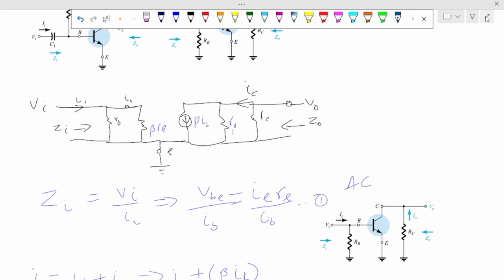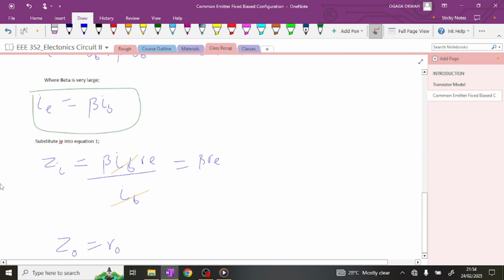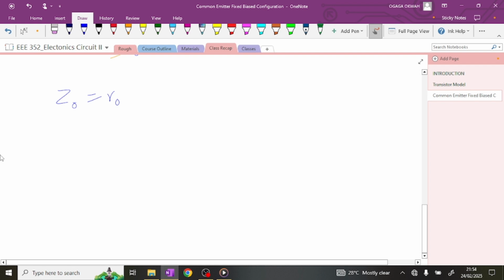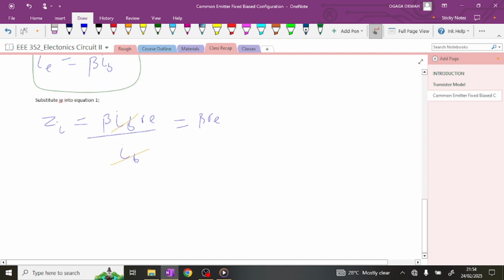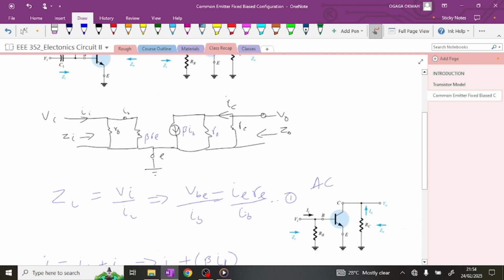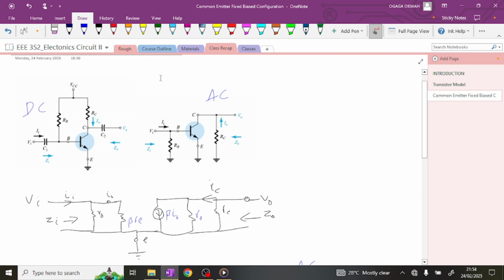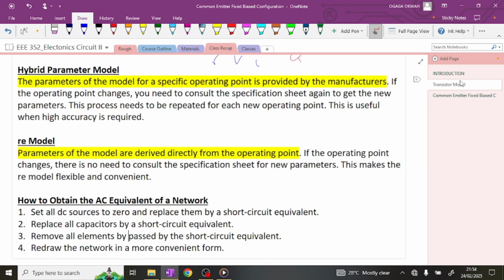I hope this is helpful. What we just did is follow this process here.